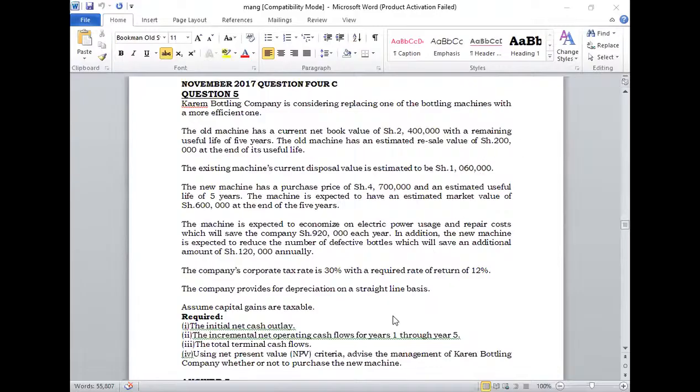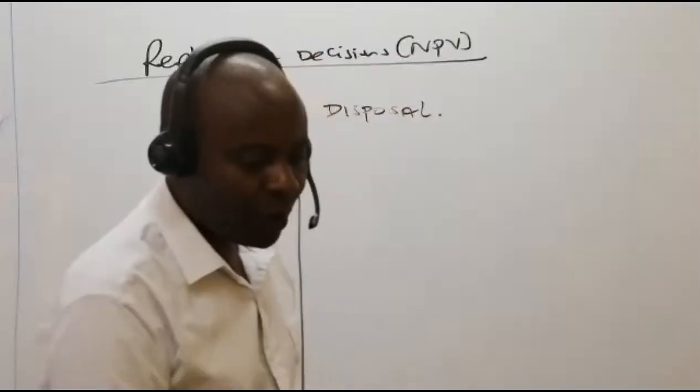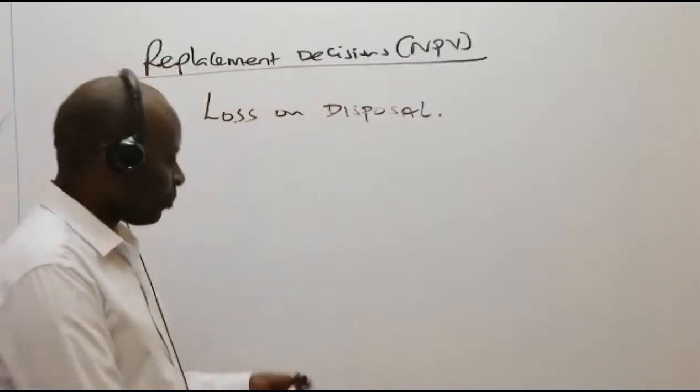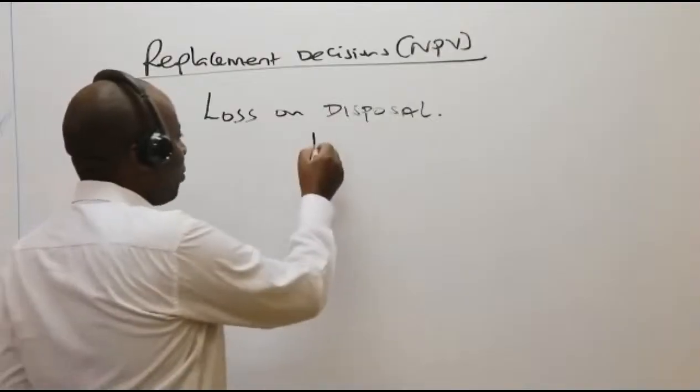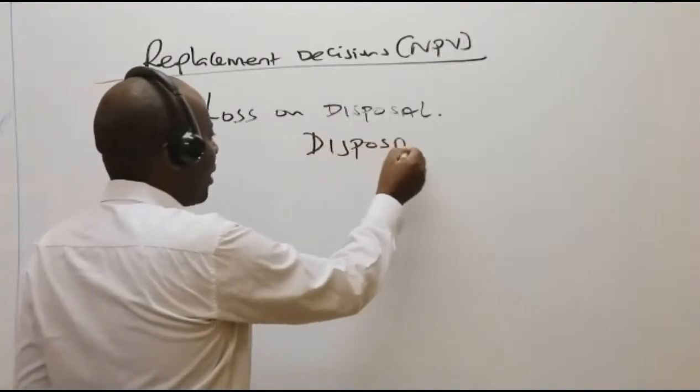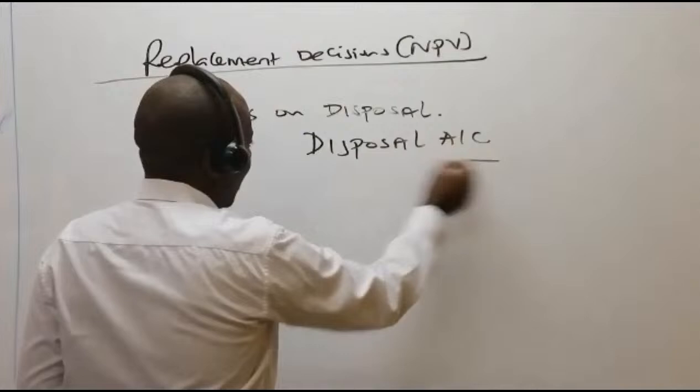So ladies and gentlemen, listen. Remember, in financial accounting, for you to be able to get that loss on disposal, you would have done a disposals account. This is how you do it in CPA financial accounting.